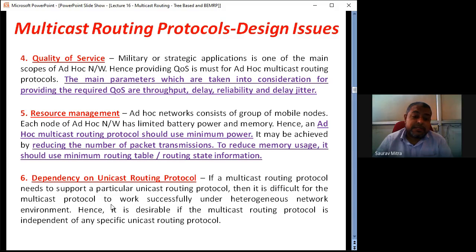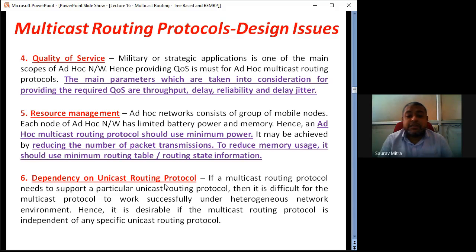But suppose somebody says that no, this transmitter and this receiver link must be maintained. If anything happens, this one specific link must be maintained at any cost. So that is actually asking for some kind of special concession. Okay, so in that case, designing of multicast routing protocol becomes very difficult.